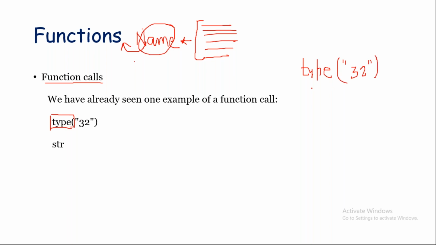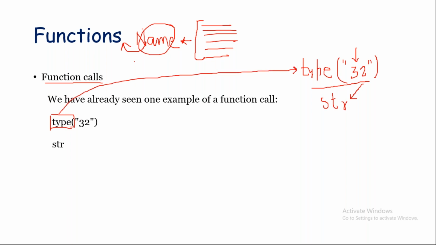So I know that once I put this in Python and hit control enter, I'll get string. So what this type function is doing is giving you an output of the thing that you have put inside the function.